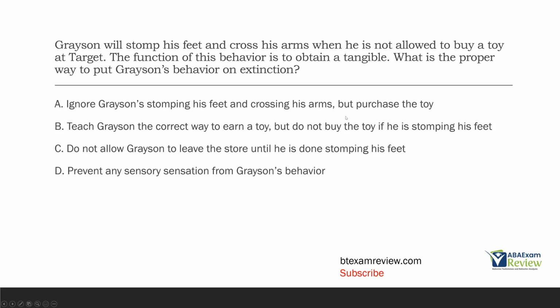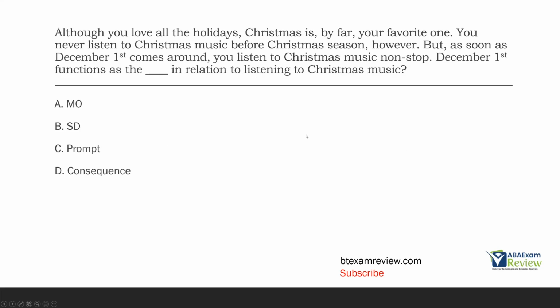The whole idea is we're withholding what Grayson is trying to obtain, which is the tangible. And the answer choice that describes that is B. We're going to teach Grayson the correct way to earn a toy, but withhold the toy if he is stomping his feet. That way, we put his behavior on extinction. So what is the proper way to put it on extinction? Well, the answer choice is B.